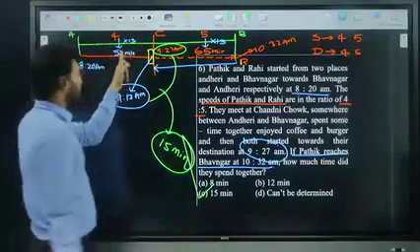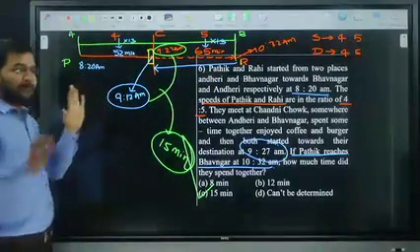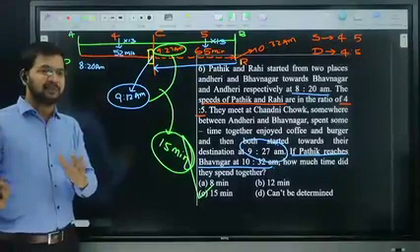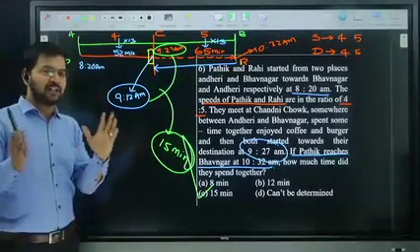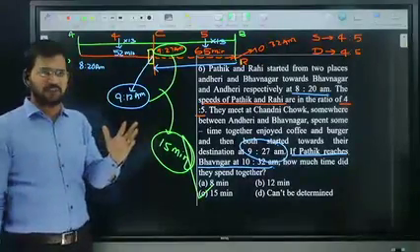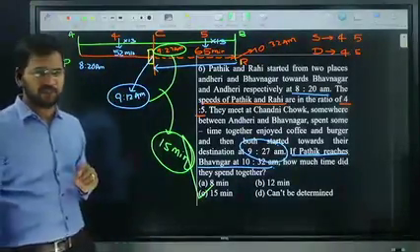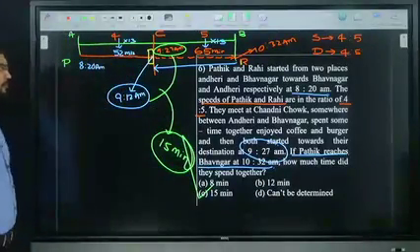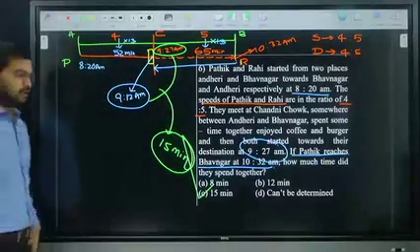Like that, 4 into 13 is 52 minutes. So Patik takes 52 minutes to reach Chandni Chowk. Starting time is 8:20, reaching time is 9:12, leaving time is 9:27. Therefore, spending time is 15 minutes. All of you okay? Just make a note.